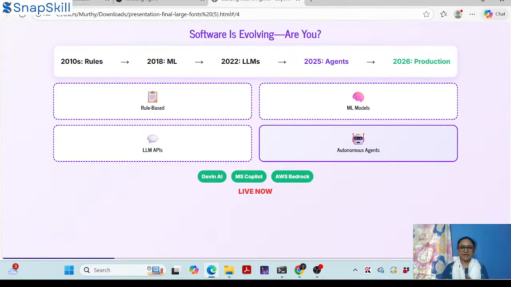Then what we have done? We started implementing predictions. What could be tomorrow's temperature? We predicted what is going to happen for this person, and we predicted health. You take any domain, this prediction we implemented. Remember one thing, that prediction is only on numbers, not on text.